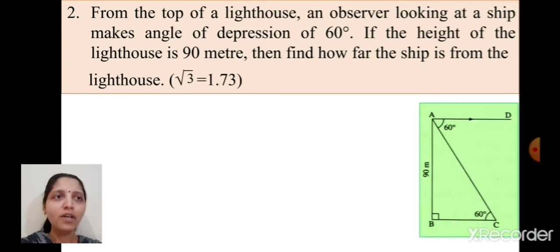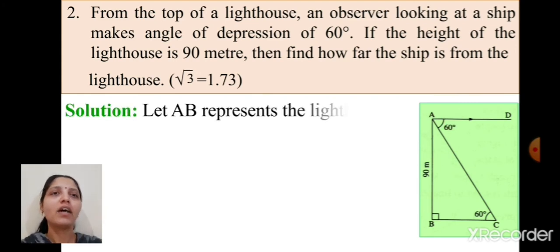Here point A is the observer, point C is the ship, and this AD is the horizontal line. Whatever angle is formed here will be the angle of depression. Let's write this in word form.